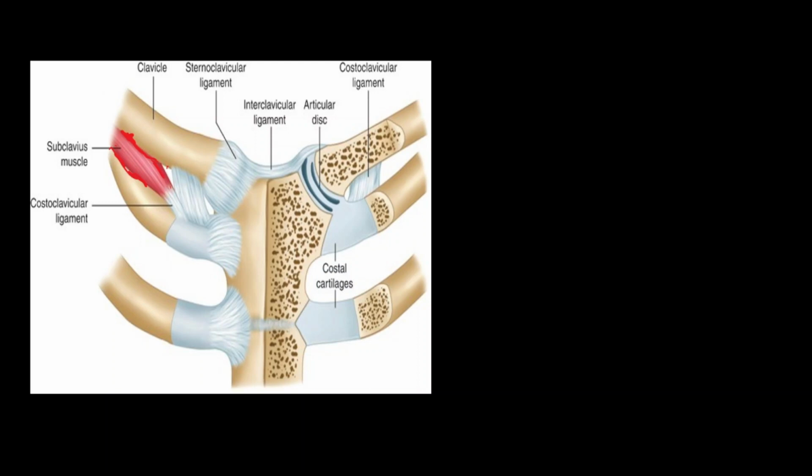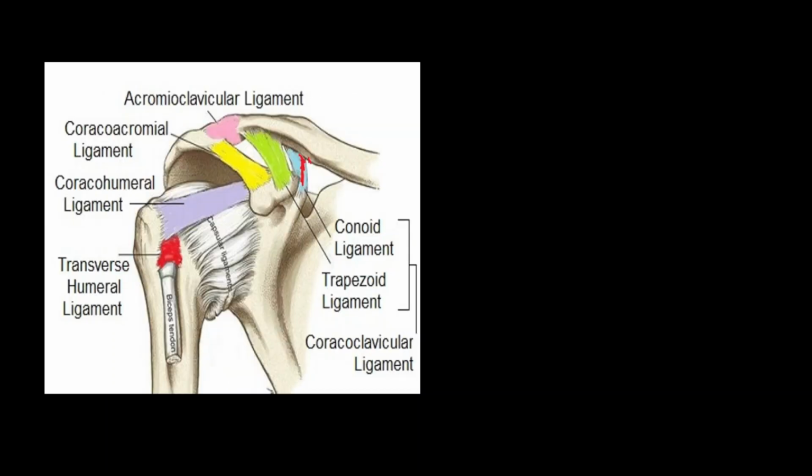This is also a view of the costoclavicular ligament that we have here, as well as the sternoclavicular ligament here and the interclavicular ligament between the two clavicles. On the lateral side, we have the conoid ligament that attaches to the conoid tubercle on the clavicle and the coracoid process of the scapula.